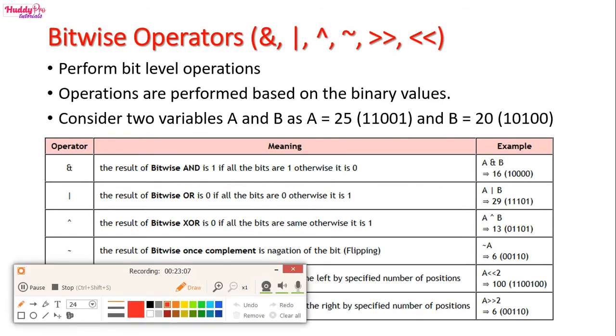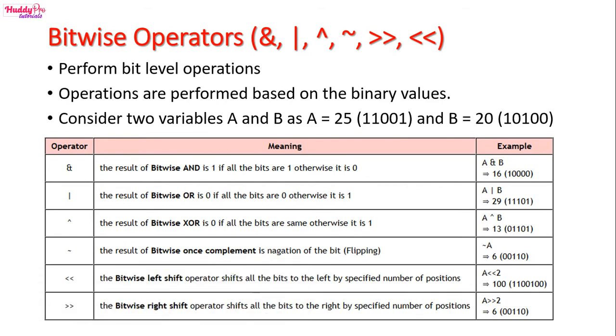Let's try to understand by looking at this example. We have A and B. We are going to use the bitwise AND digit by digit, because we said they perform bit level operations. So we have the 1 and the 1. Remember, a 1 and a 1 will give us a 1, because the result is 1 if all bits are 1. So that's the 1 here.